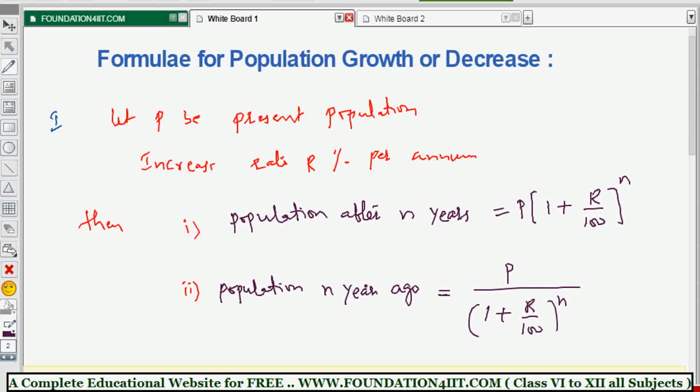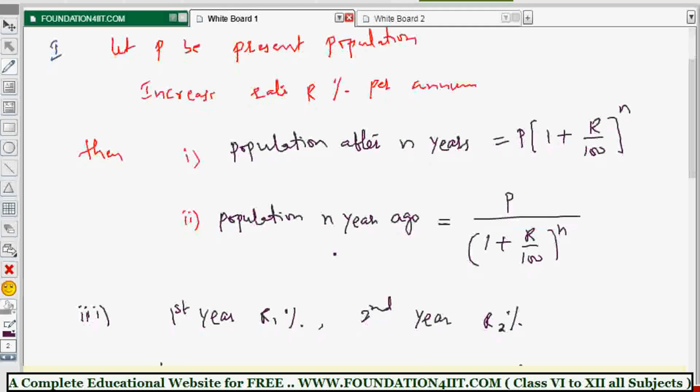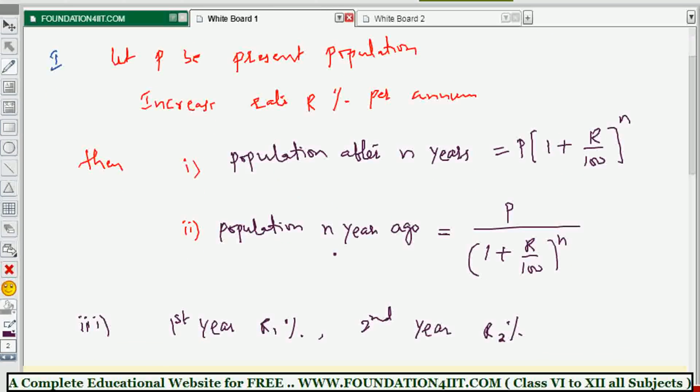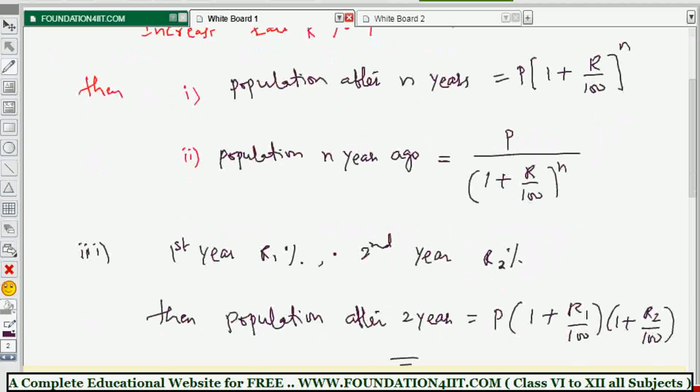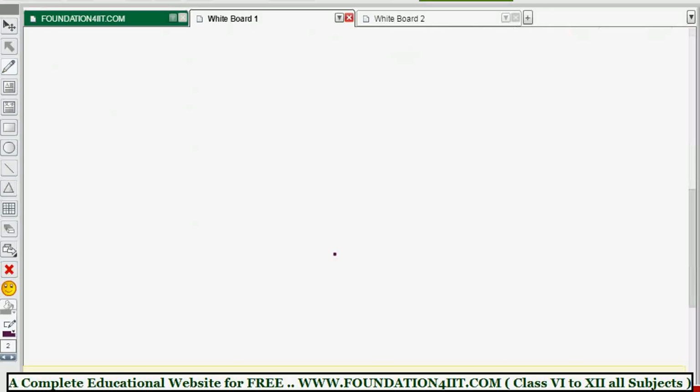Similarly, when population decreases due to any reason, then in the place of plus we just keep minus. Okay, population can decrease also. Let me write the formula for that also. Formula for population decrease.